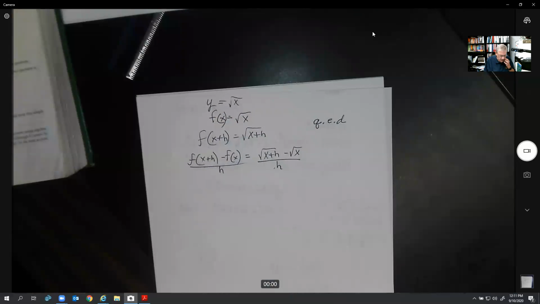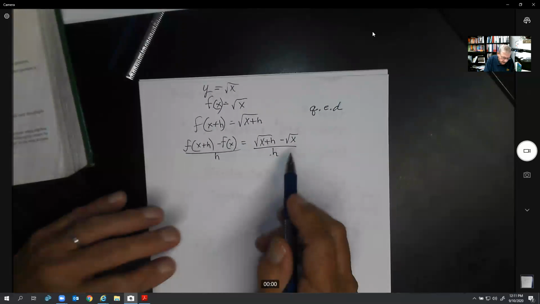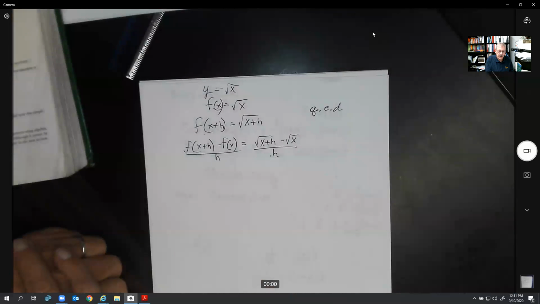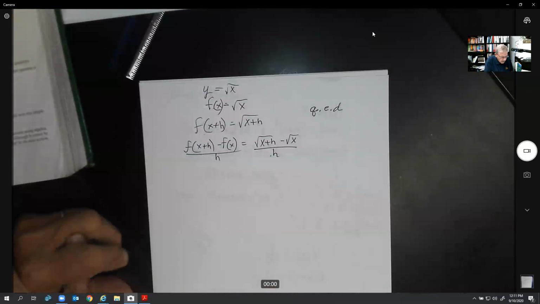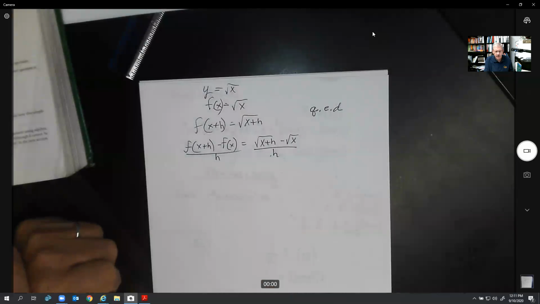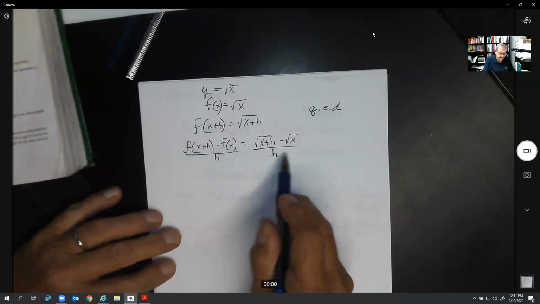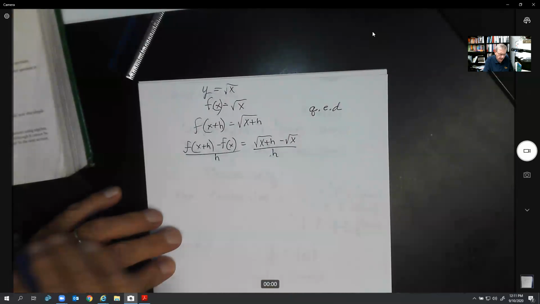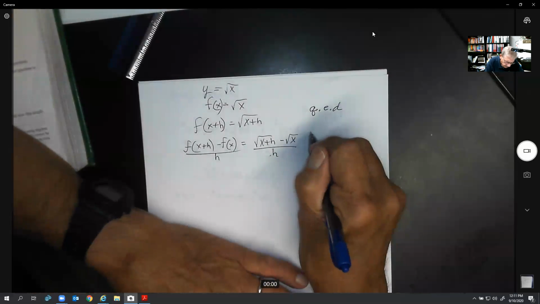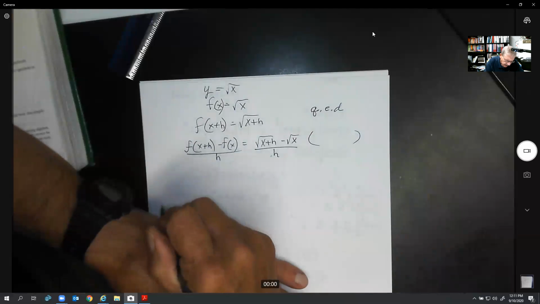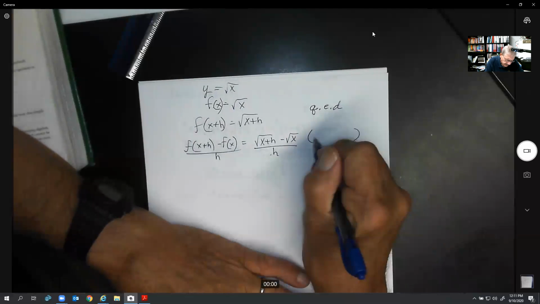Okay, so how do we quite easily get rid of this h? We're going to use something called rationalization. Now, you're used to rationalizing the denominators, but now we're going to rationalize the numerator. Do you remember rationalizing?